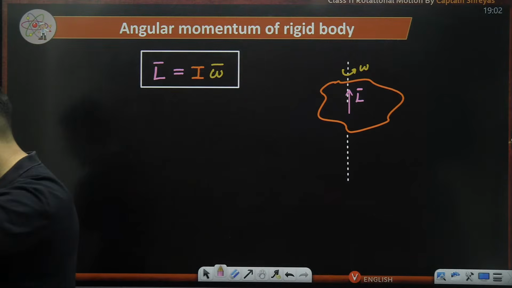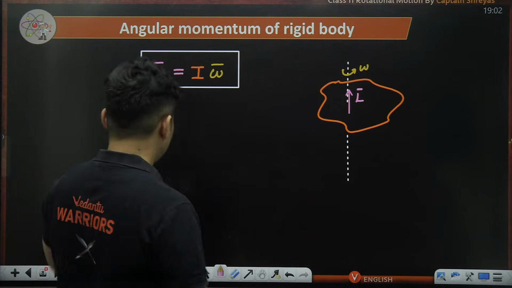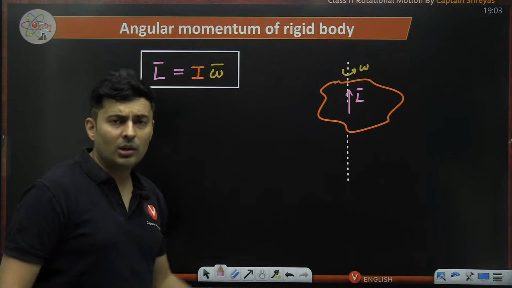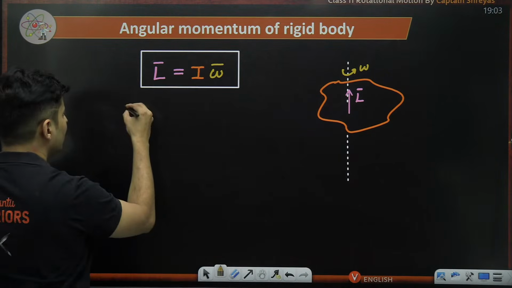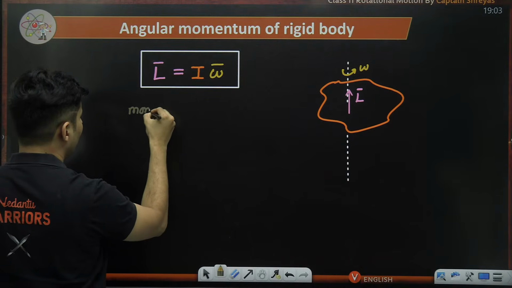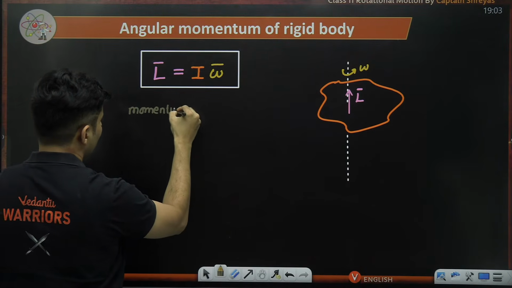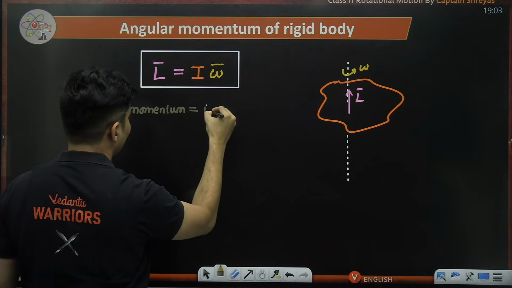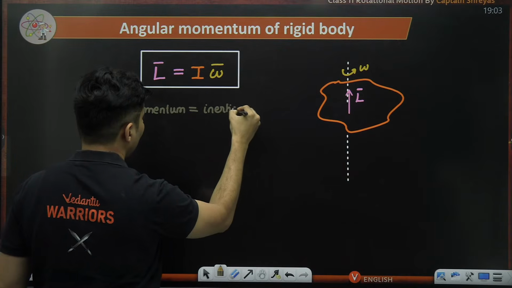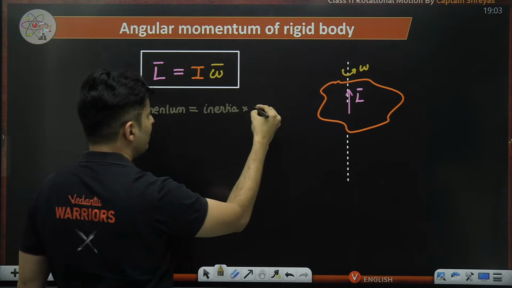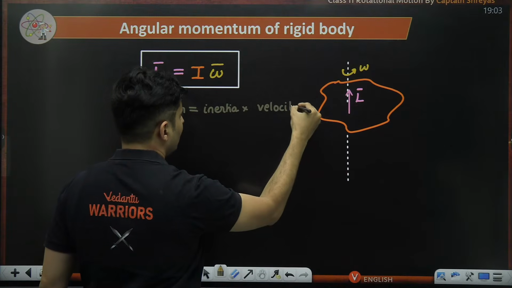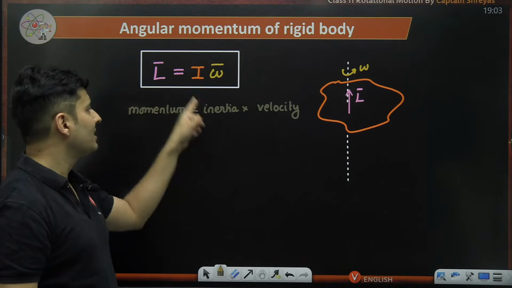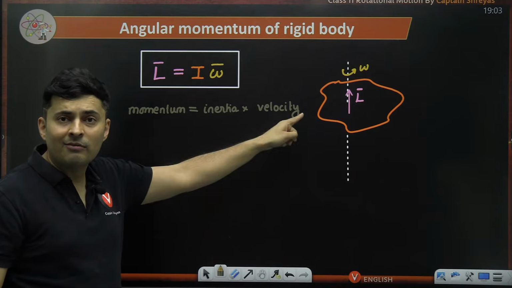Very straightforward. Now, if you notice, this is very similar to the linear momentum formula. On the left hand side, you have momentum. On the right hand side, you have inertia multiplied with velocity. Remember, linear momentum was mass into velocity, P is mv.